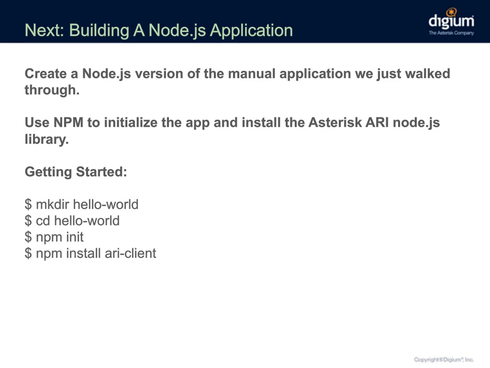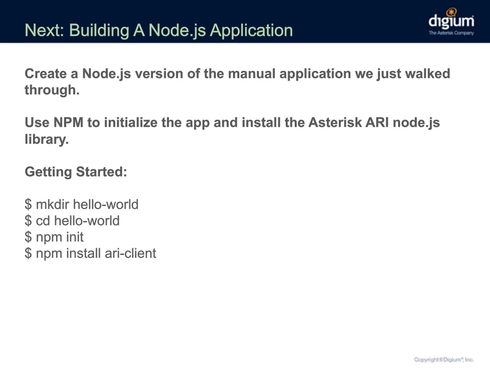So to get started, of course, you'll need to have Node.js and the Node Package Manager, or NPM, installed on your computer. You can simply create a directory, change directory into it, and run npm init to start building the application.